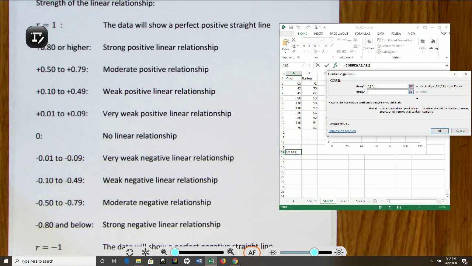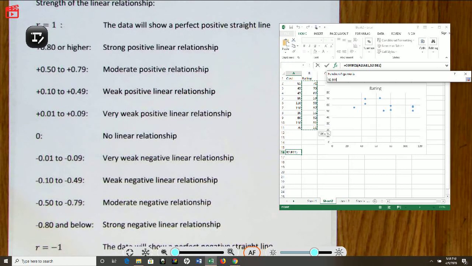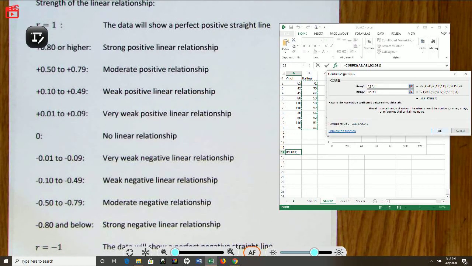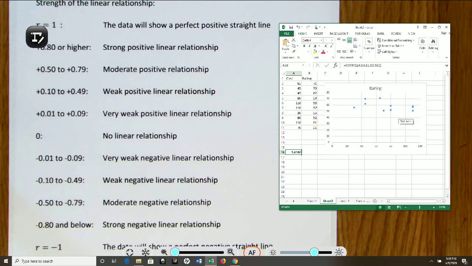Then I'm going to get my y values, and I'm going to hit OK. So again, now we get this negative 0.42. According to our list, we have a weak negative, which is kind of what I suspected looking at this slightly negative piece. So very weak negative.